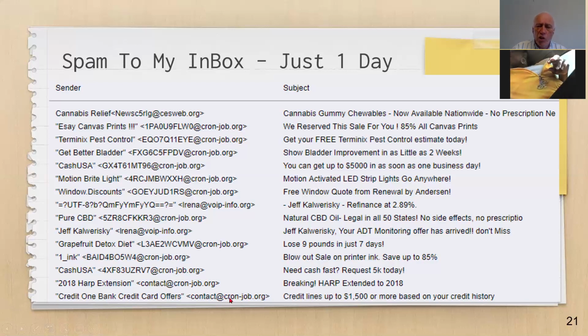You can see most of these are cronjob.org. So cronjob.org must be some amazing company, because it does everything from Terminix pest control to bladder improvement, to free financing, to losing weight. I can lose 9 pounds, and so on. Well, no one company could ever possibly do all of this. So you can see that these are lies.